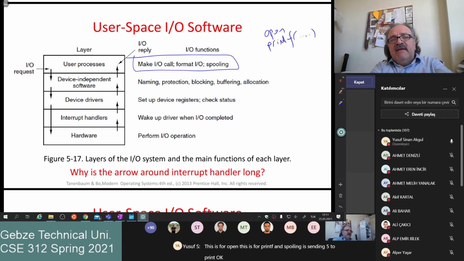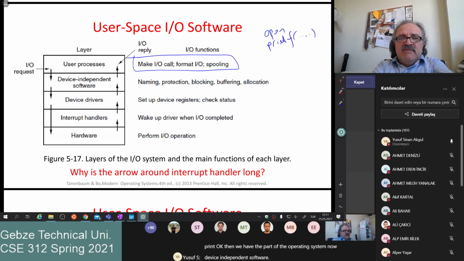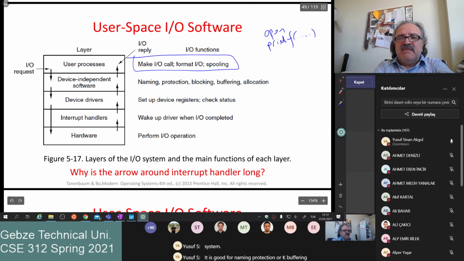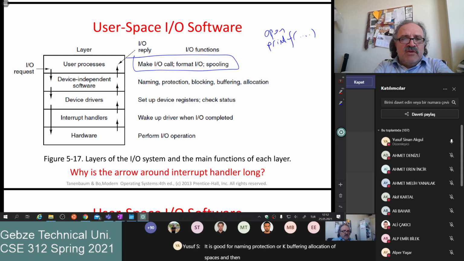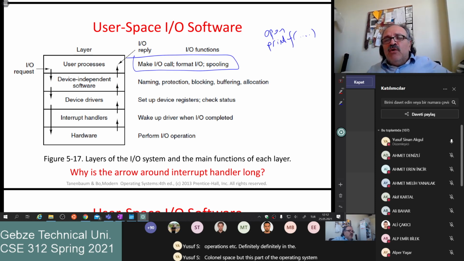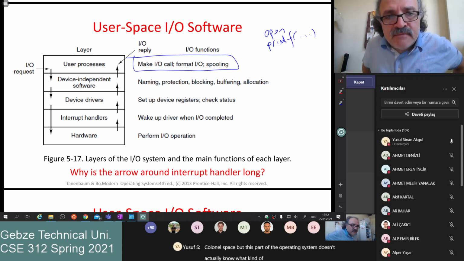Okay, then we have the part of the operating system now, device independent software. This is a part of the I/O routines of the operating system. It is good for naming, protection, buffering, allocation of spaces, and the blocking of the processes because of the I/O operations, etc. Definitely in the kernel space, but this part of the operating system doesn't actually know what kind of device it is using.